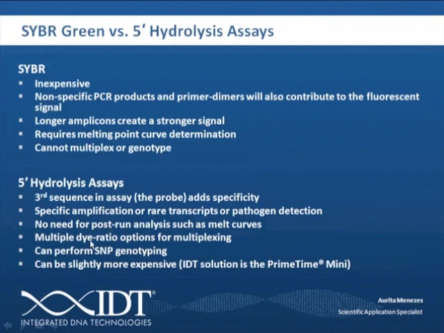The main attraction for 5' hydrolysis assays is the ability to use multiple dye quencher combinations for multiplexing, as well as you can perform SNP genotyping.